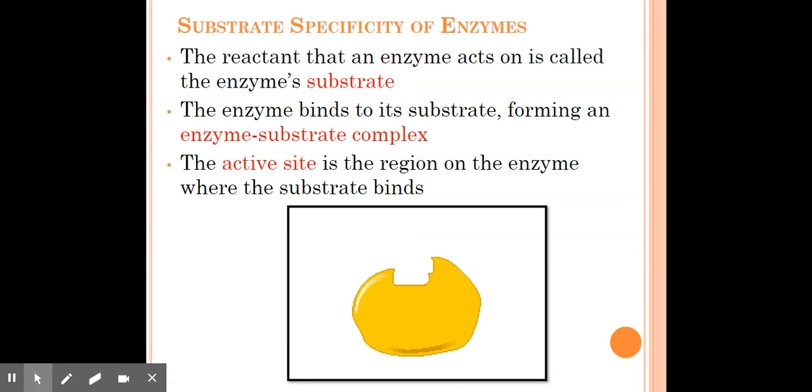This is key because, recall, the shape, sometimes referred to as conformation, is going to determine the function of these proteins. So once again, the shape will determine whether this substrate can bind to this specific protein. And as we're going to be referring to it often, it really is a lock and key type of mechanism.